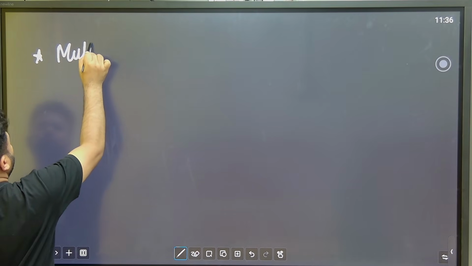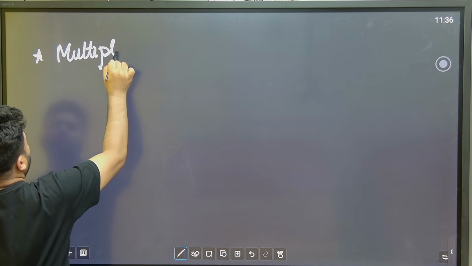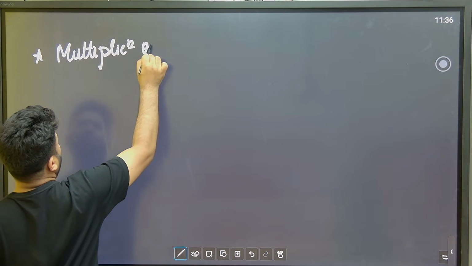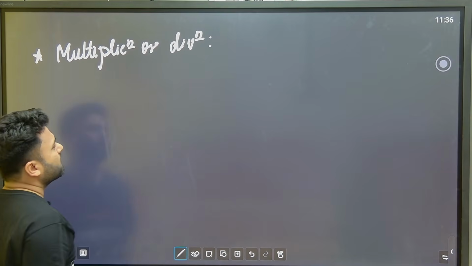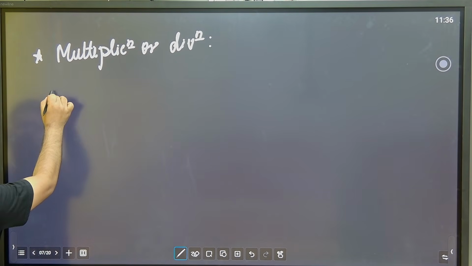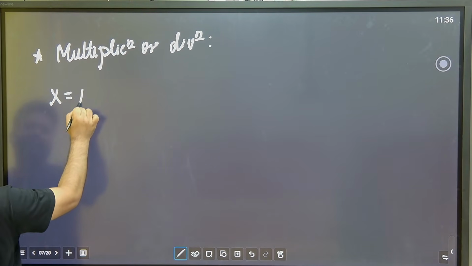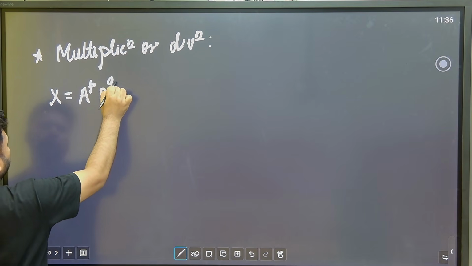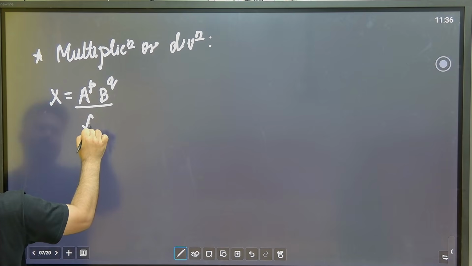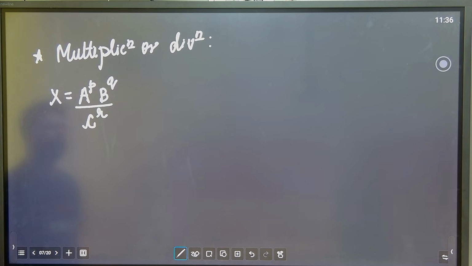Suppose there is a formula x equals a to the power p, b to the power q, c to the power r.